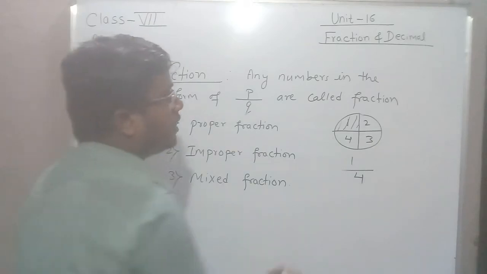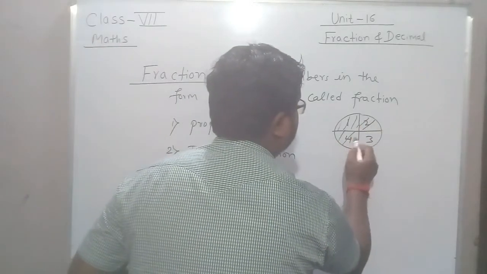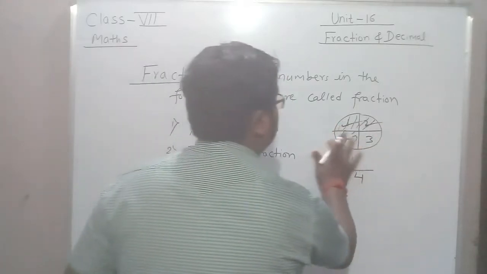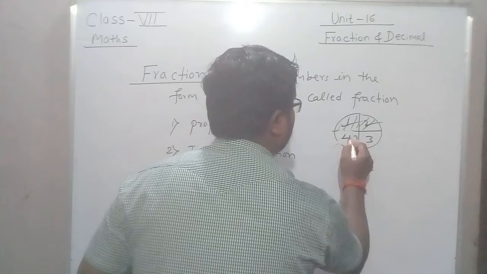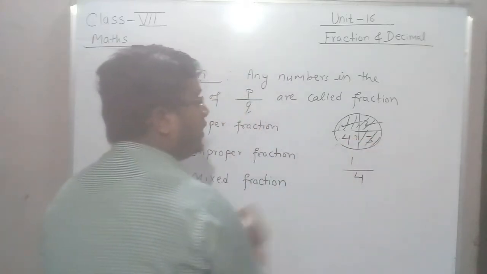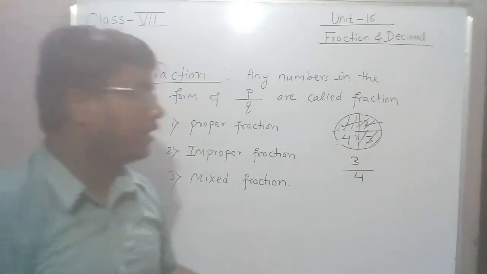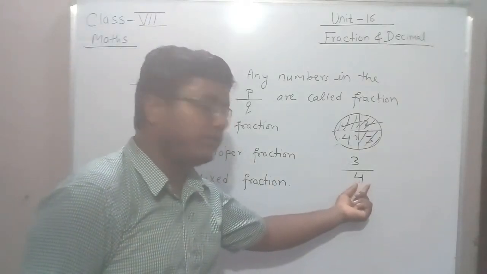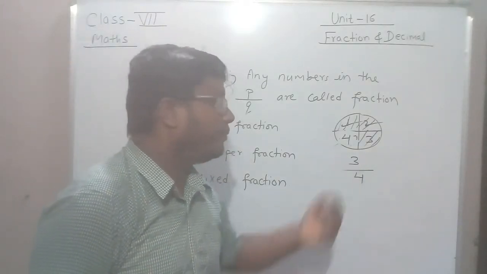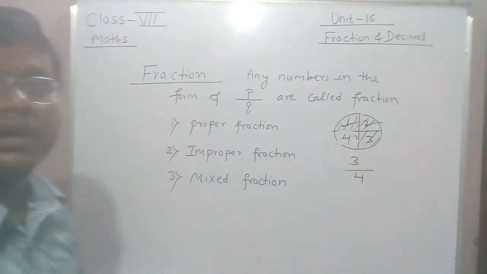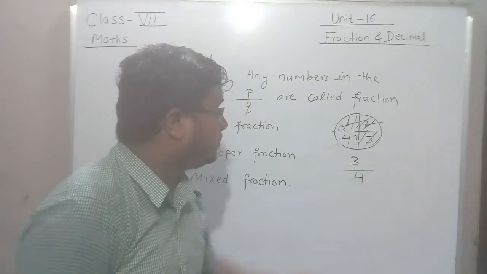If you consume 3 parts, then the total number of consumed parts is 3 and the total number of parts is 4. So out of 4 parts you have consumed 3. Is it clear for all or not? I think it is clear.